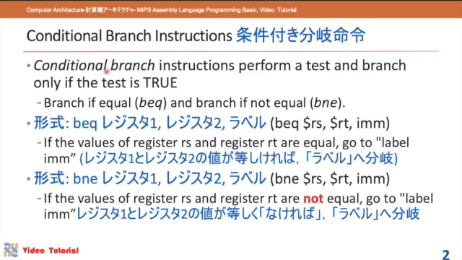Based on this, the conditional instruction is further categorized into two types. The first one is branch if equal, or BEQ, and the second one is branch if not equal, BNE.